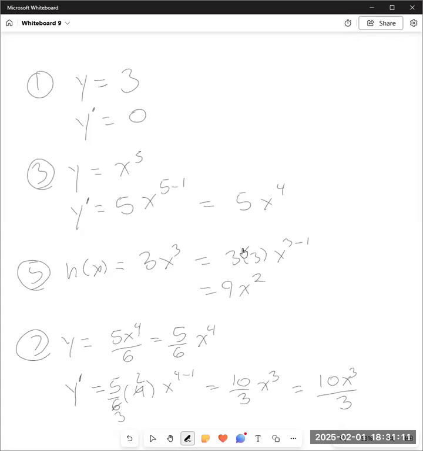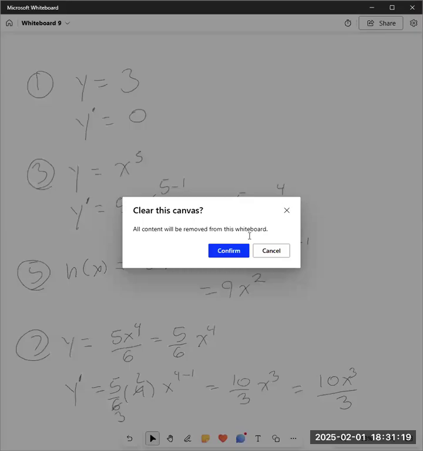Go ahead and turn the page here. We'll be on number 9. F of x is equal to 4x. So f prime of x is going to be 4 times 1 is 4. Drop that exponent by 1.